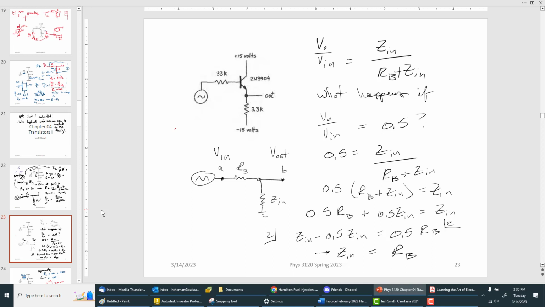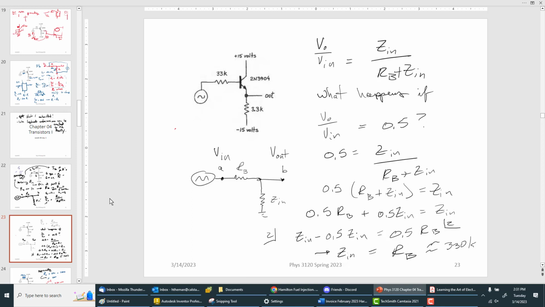So if we adjust R base until we get a V out over V in equal to 1/2, we find out what Zn is. And in this case, they expect you to get about 330K in this setup.